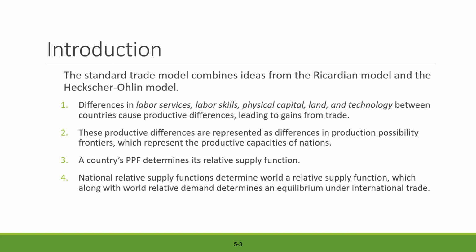For example, if labor in one country is productive in the production of wheat, whereas in another country they are productive in wine, then the country that is productive in wheat will be producing more and more wheat, whereas the other country will be producing wine, and they can trade with each other.